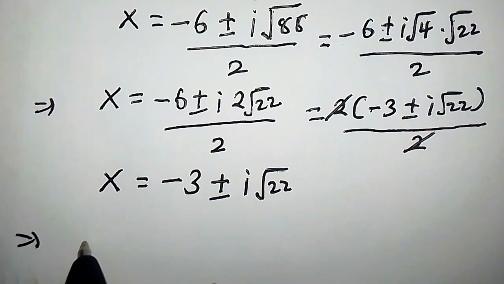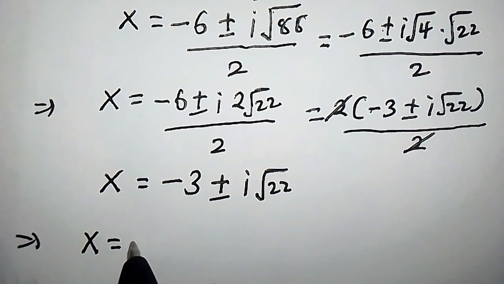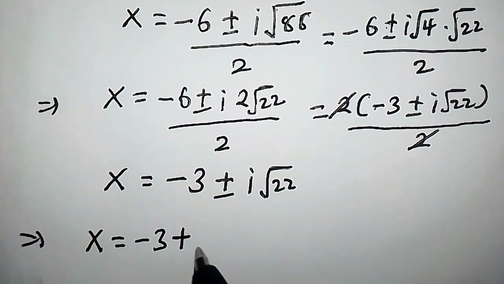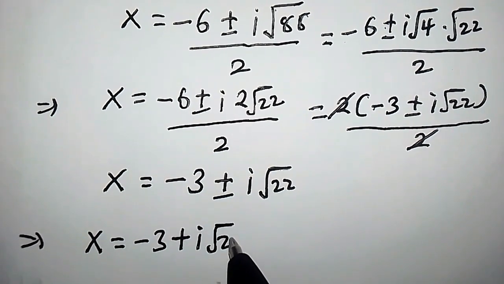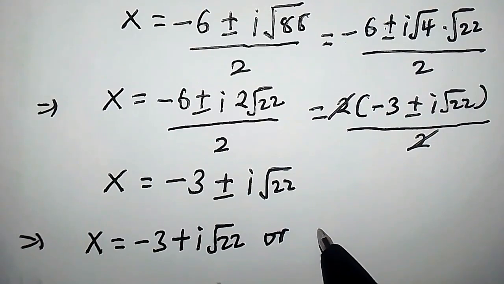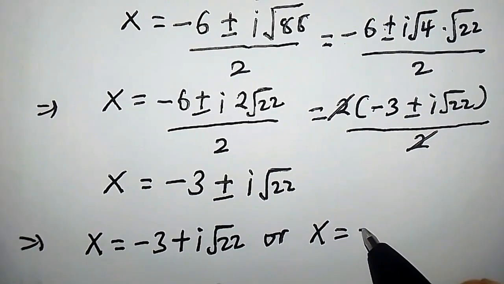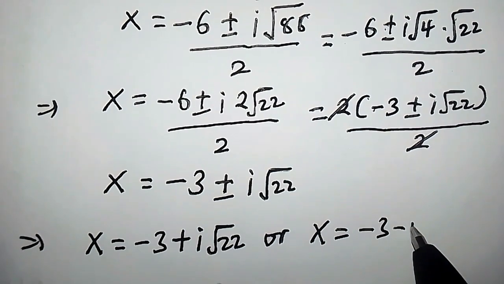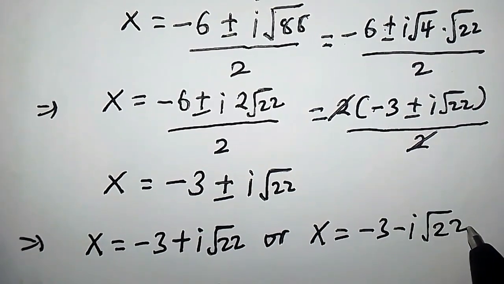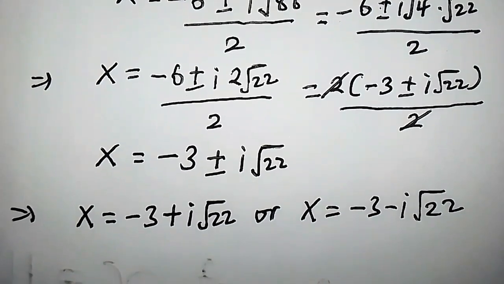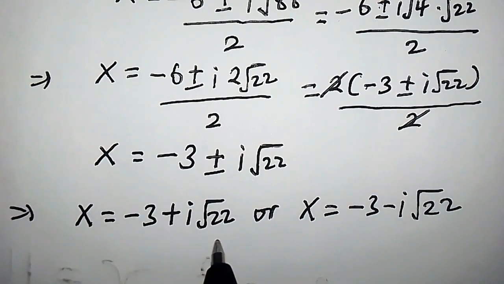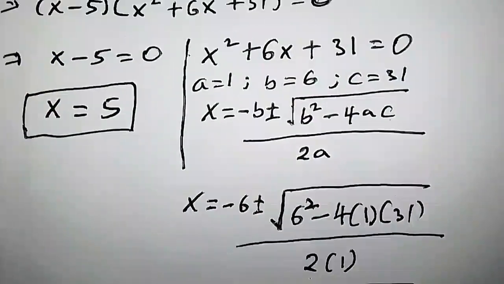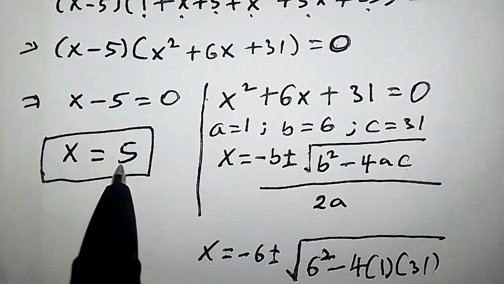This implies that x equal to minus 3, considering the positive sign, we have plus i times square root of 22, or x equal to minus 3, considering the negative sign, we have minus i times square root of 22. You will see that we have two complex solutions, and just one real solution, which is x equals to 5.